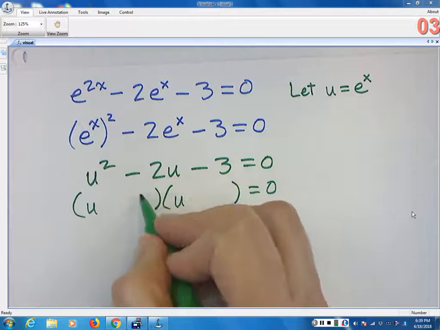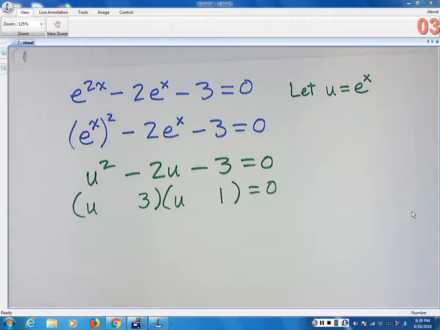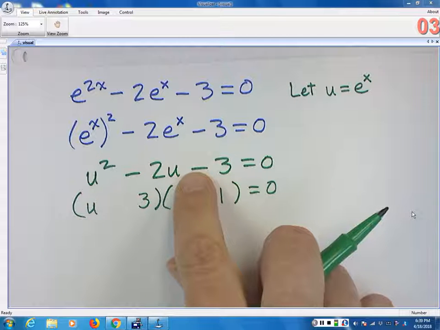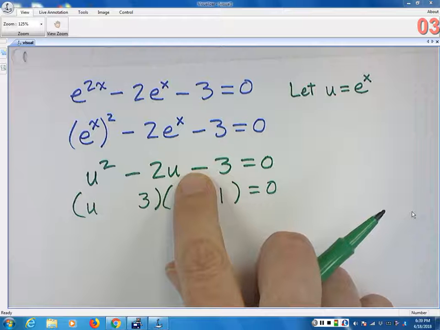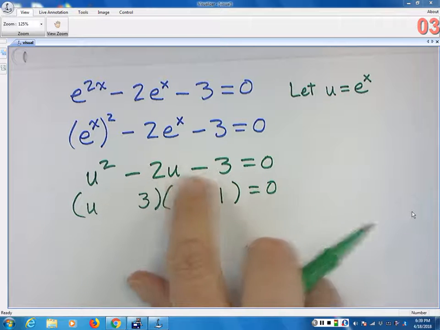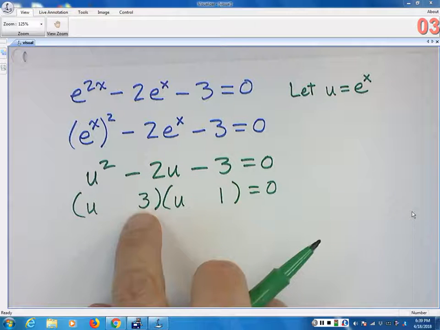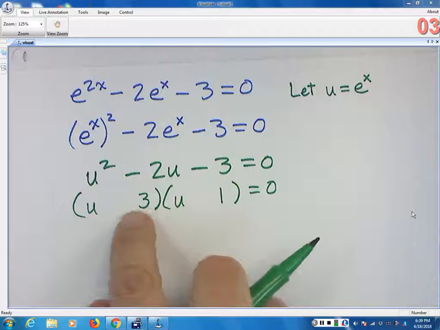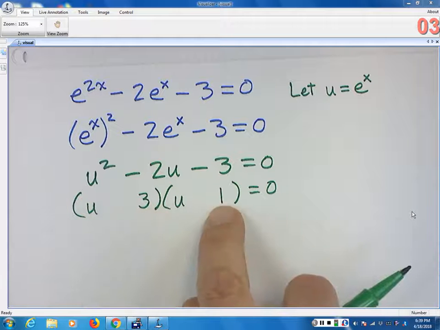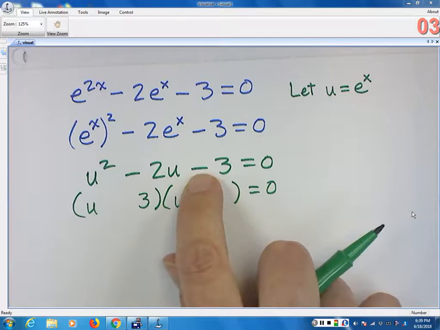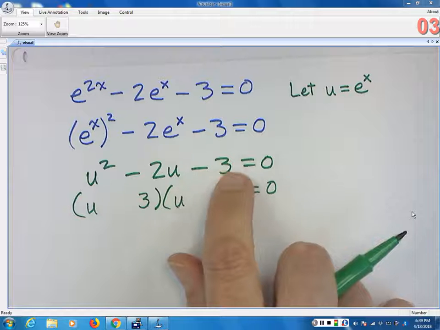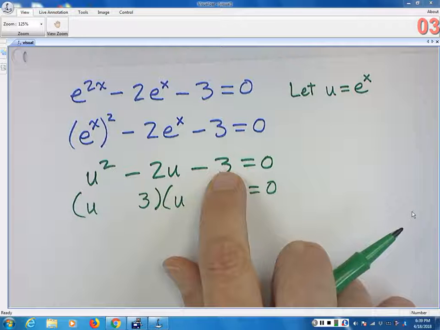So if we put a 3 here and a 1 here, okay? And because we have a negative sign, we need opposite signs for the factors. In order to get a negative last term, you have to have opposite signs. Either the 3 is negative or the 1's negative.